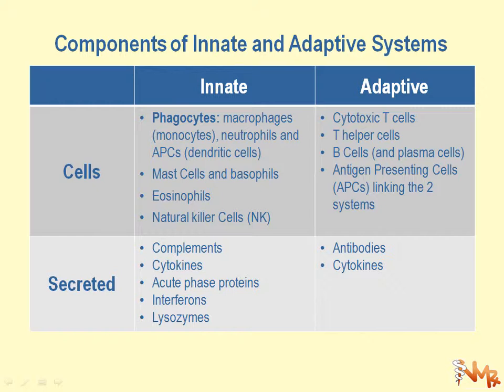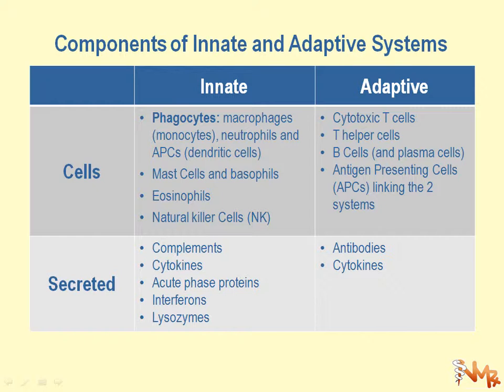Macrophages are in the tissues, monocytes are in the bloodstream, and as they migrate to tissues, they are converted into macrophages. Then we have neutrophils and APCs. APC stands for antigen presenting cells. The most prominent APC cells are dendritic cells, but we have more.